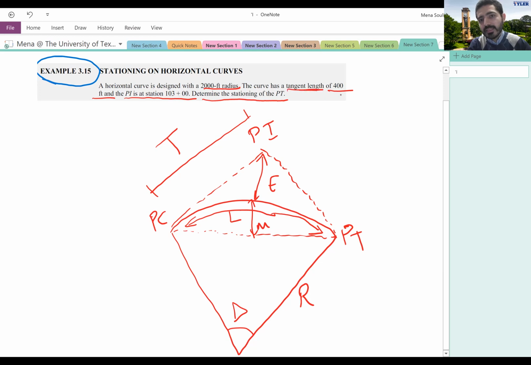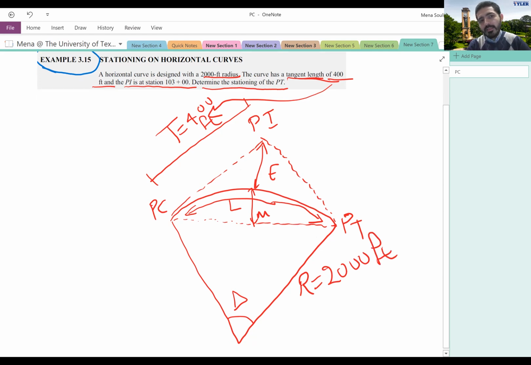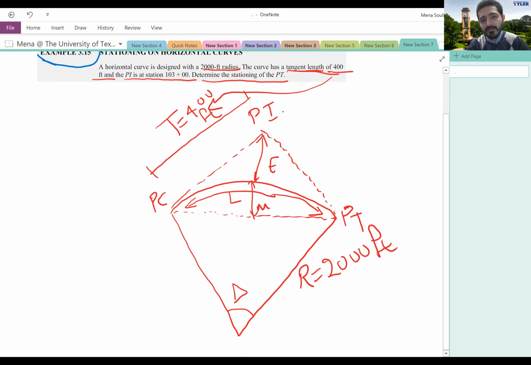This is the tangent length, 400. And the design radius, the R, is equal to 2000 feet. And the station of the PI, this one right here, is 103+00.